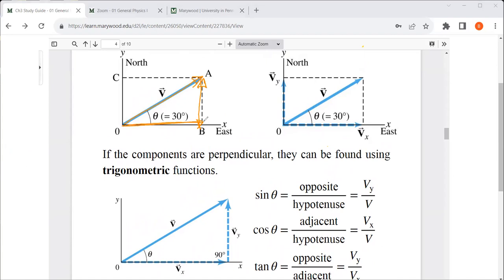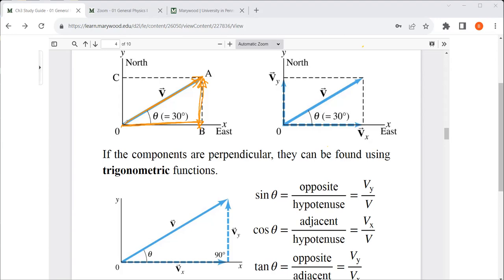From the head of the first vector you draw the second vector, and then you see that this is just from the tail of the first vector to the tip of the second vector. So once you know the tail-to-tip method, you can form these, and then do the math.